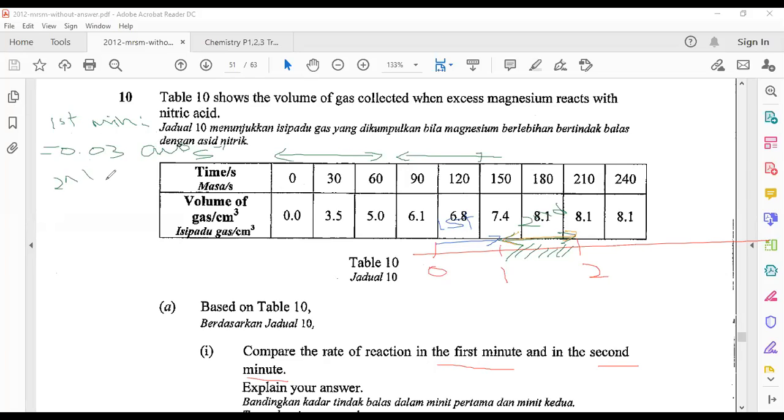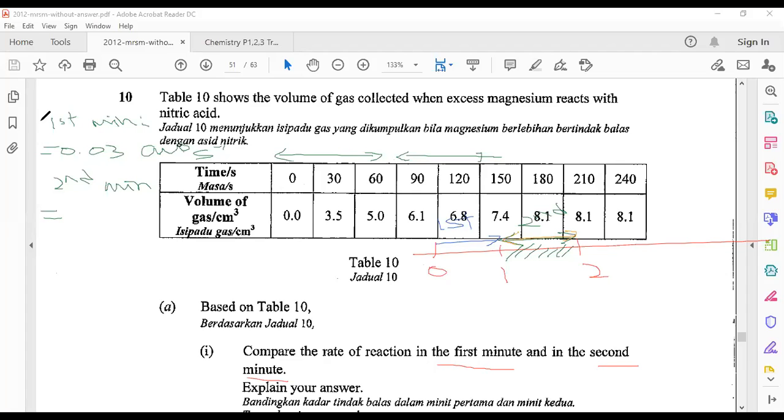Now, what about the second minute? Someone do it for me. Second minute, do you know how to calculate? It is 6.8 minus 5 over 60 seconds, minus 5.